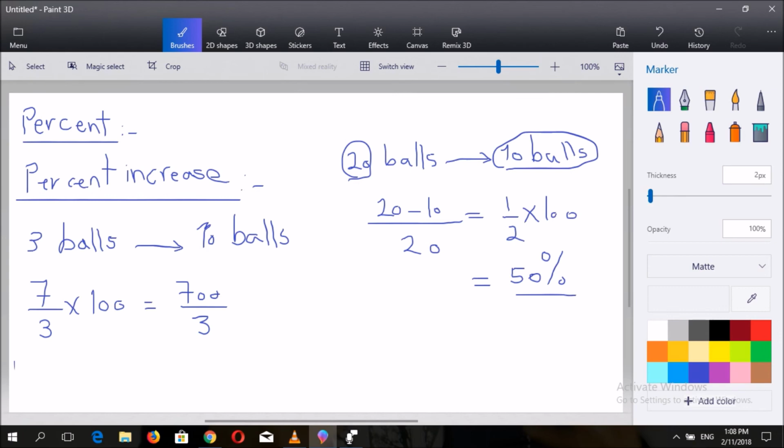Now, I'm going to talk about something called percent change. What do we mean by percent change or percent increase or decrease? Let's talk about this concept now.